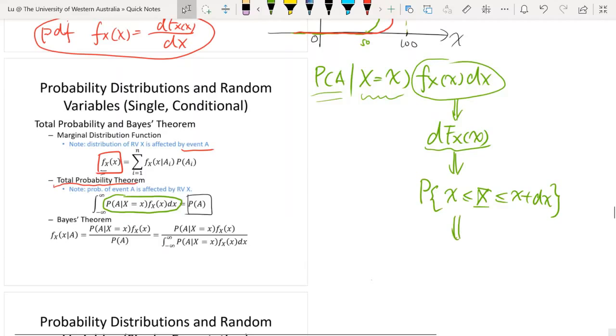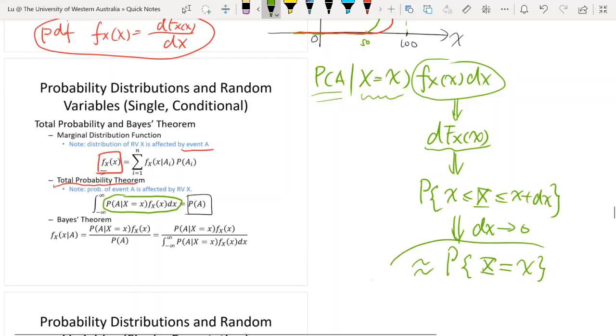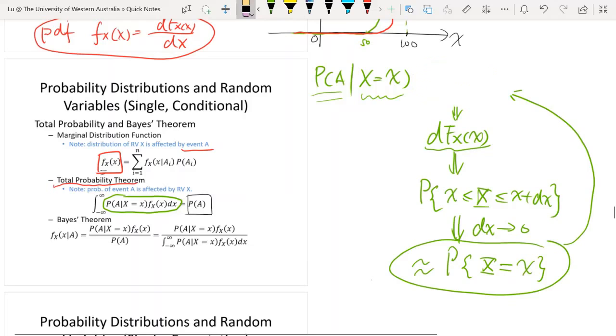But if dx is very, very small, approaching 0, this can be approximated to the probability that X is equal to x. Now we can use the final result to replace this. So what we have here is this stuff.